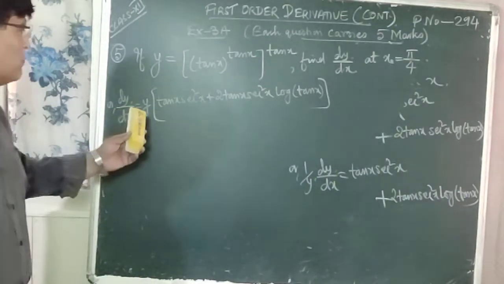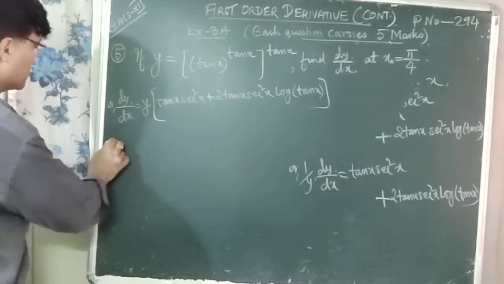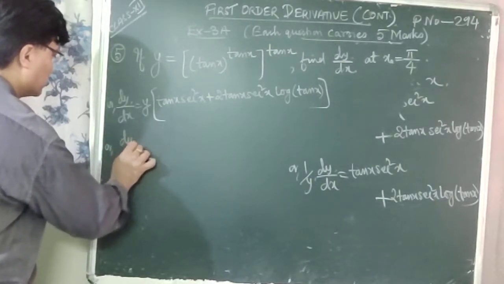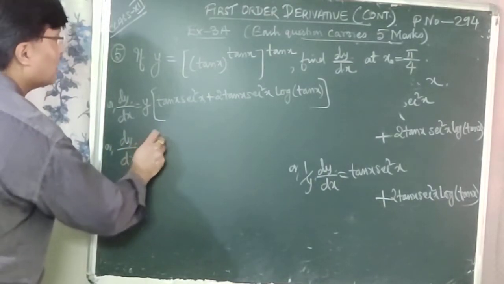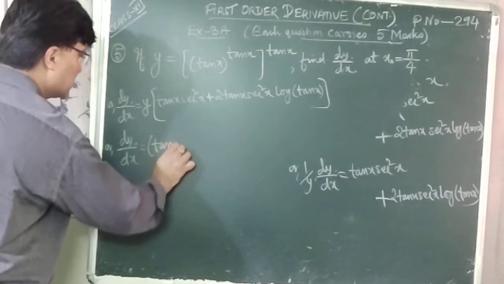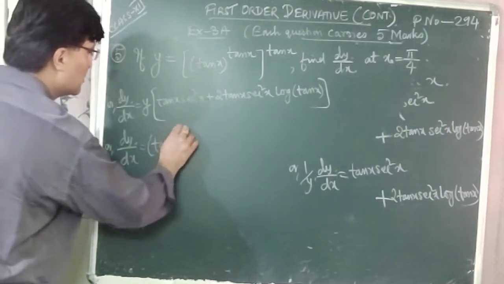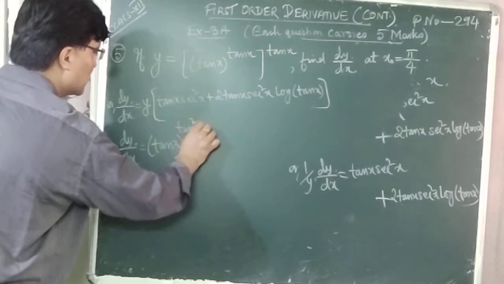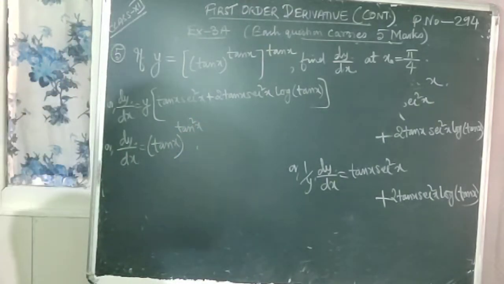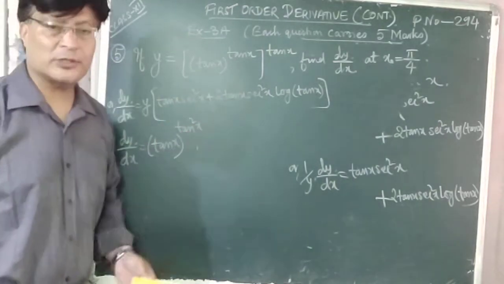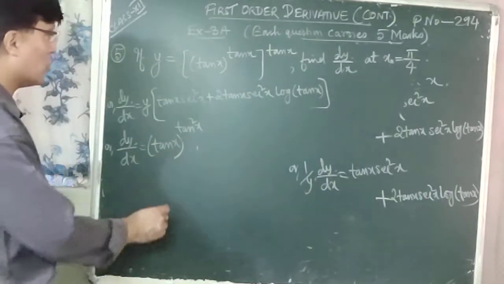Okay. Now we can put the value for y also. What was the value for y? It is tan x whole to the power tan x, that is tan x into tan x, this is your tan square x, into, now from these two terms again you can take common there. What is common there?